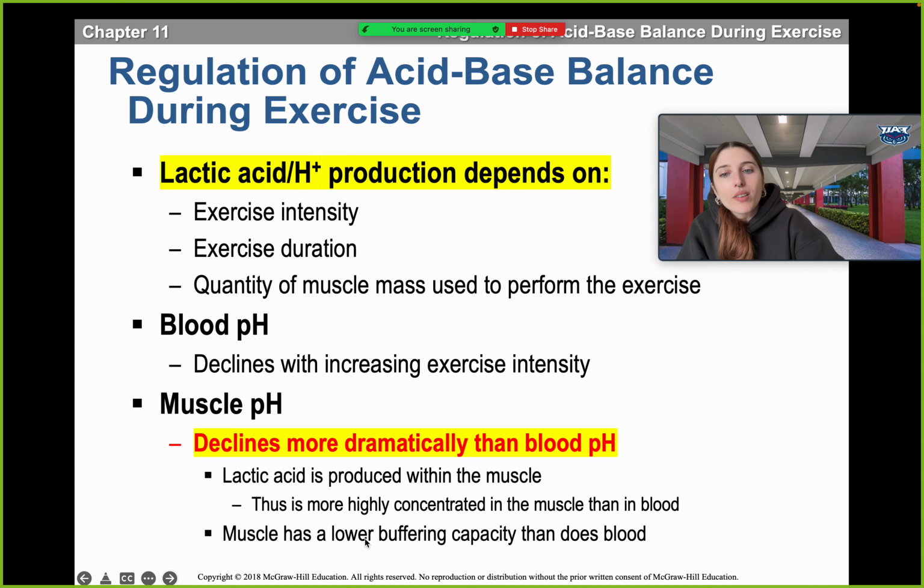But also, muscle has a lower buffering capacity than blood. So what do I want you to know here? Know what lactic acid production depends on, these three bullet points. Also know that muscle pH declines more dramatically than blood pH, and why. So these reasons here.